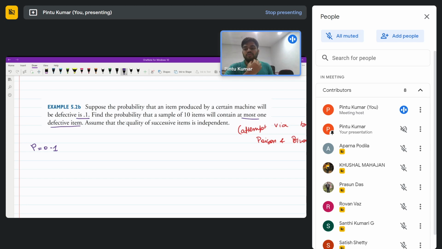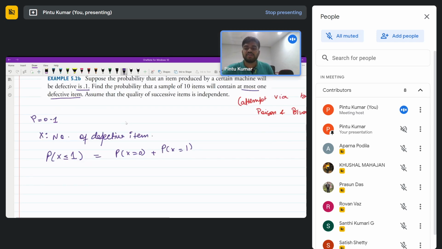Okay, so if x is the number of defective items, then what we need to find is the probability that x is less than or equal to 1, at most 1, which is nothing but the probability x is equal to 0 plus the probability x is equal to 1.